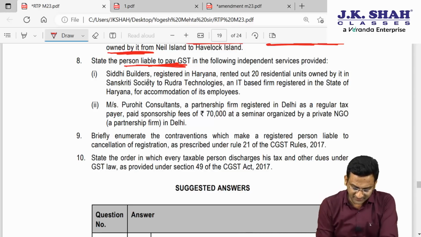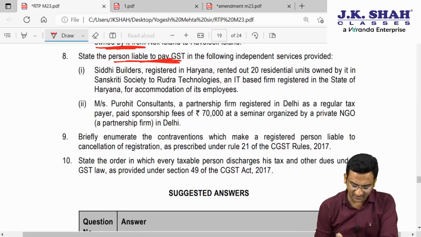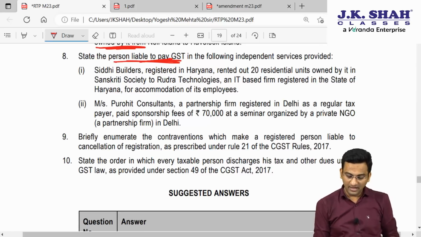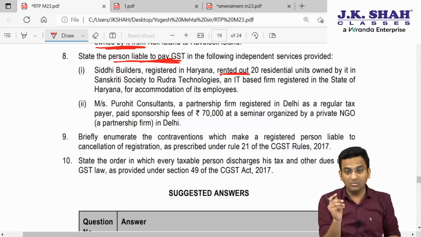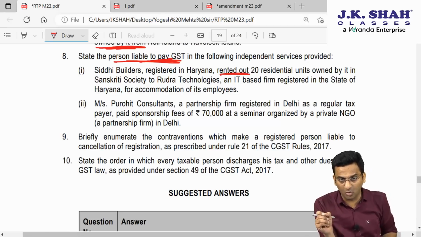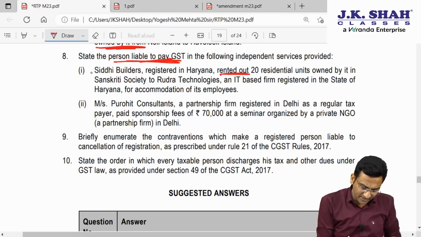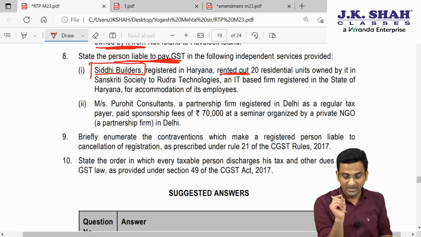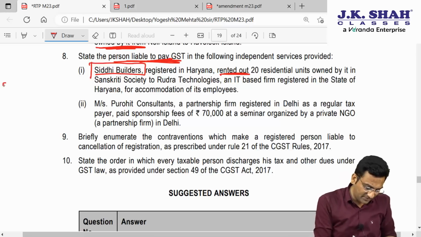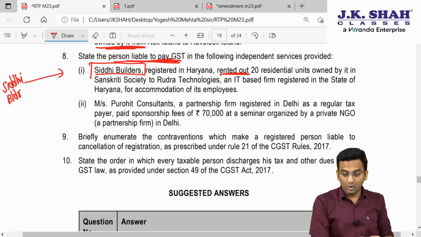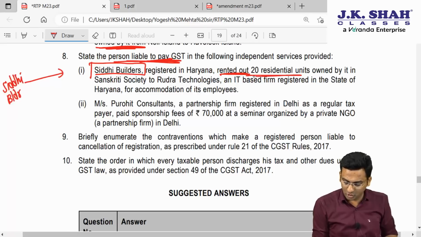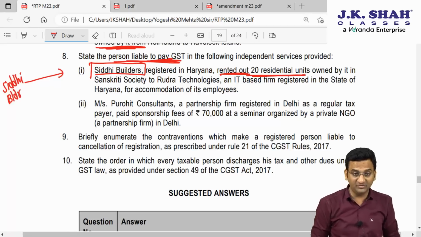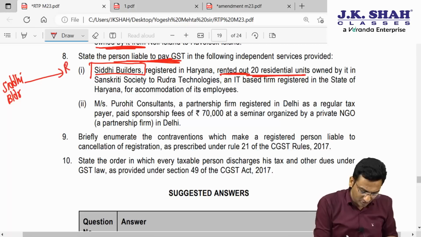Now friends, Siddhi Builders, registered in the state of Haryana, rented out 20 residential units owned by it in the Sanskriti Society to Rudra Technologies.